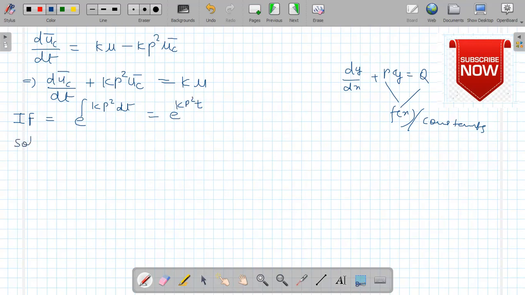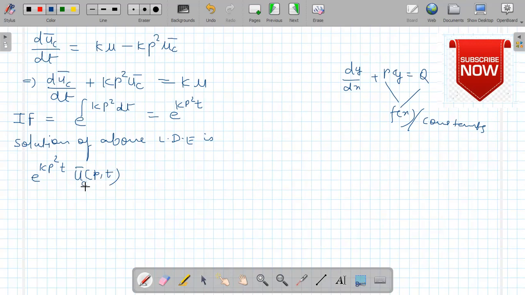So the solution of the above linear differential equation is integrating factor into uc bar. Since uc bar is a function of p comma t, because it is a Fourier transformed function.